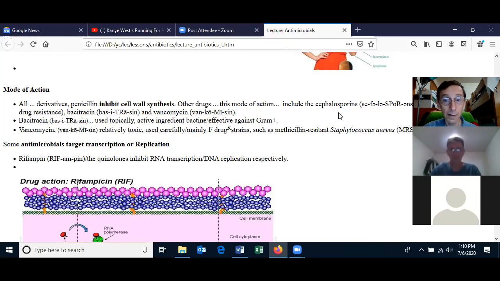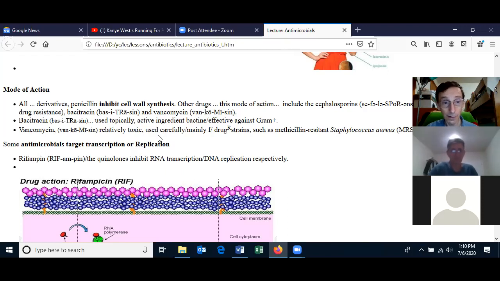The cephalosporins, which is a family of antibiotics. There's about 70 members in that family, and that's more than the penicillins. There's something like 40 or 48 members of the penicillin family. But also bacitracin, another antibiotic, works on inhibiting the cell wall. Vancomycin.